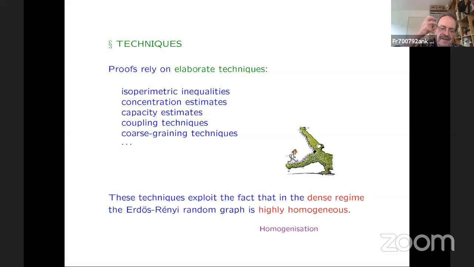But the essence behind all of this is that because the Erdős-Rényi random graph is in the dense regime, there are many, many edges still. It is very homogeneous, and this high level of homogeneity plays a key role in really being able to understand what is going on.